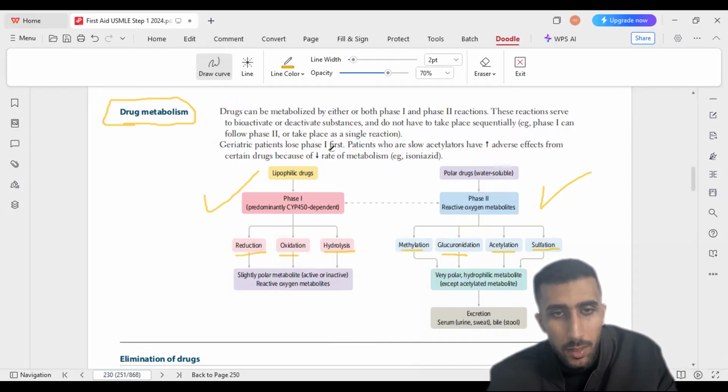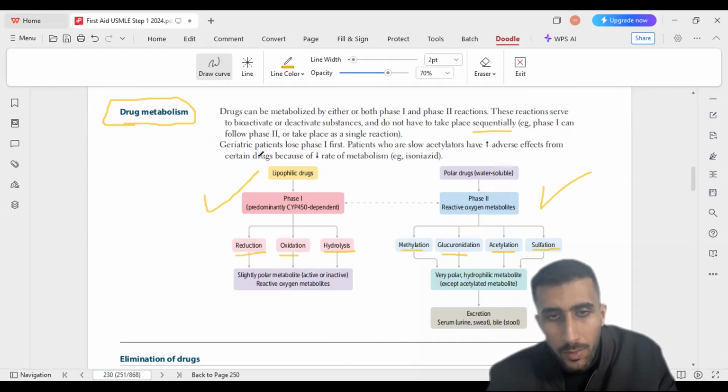But all of this does not have to be sequential. Phase one doesn't need to happen first just because it has one in its name. Phase two may happen first, or phase one may not even happen. So phase one can follow phase two or just take place as a single reaction, no phase two, whatever.